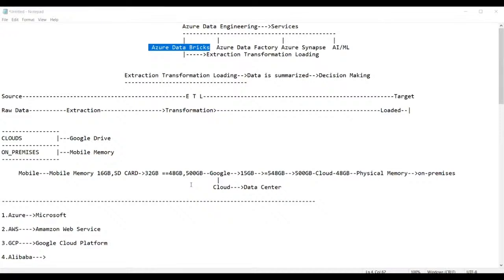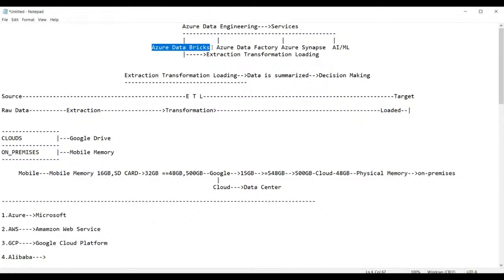Azure Data Factory and Azure Databricks are both used for the same process. But in Azure Databricks, you use a CUI, a character user interface, where you need to use different languages: Python, Scala, R, and SQL.